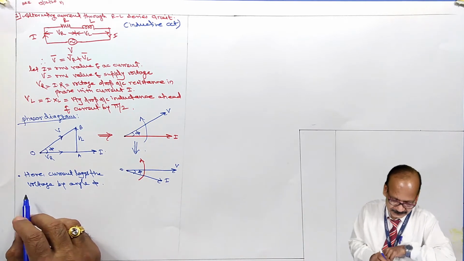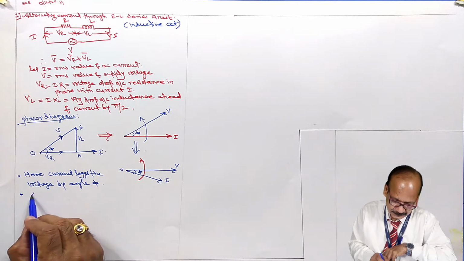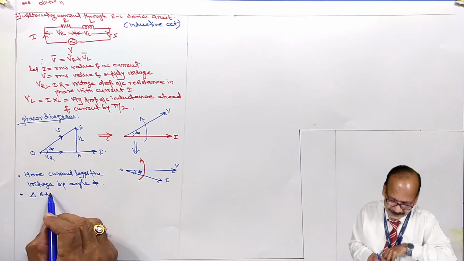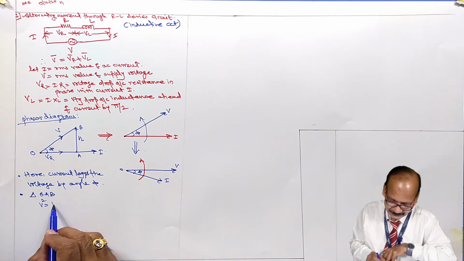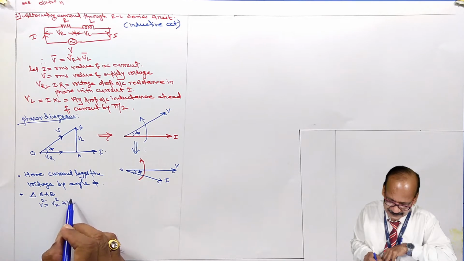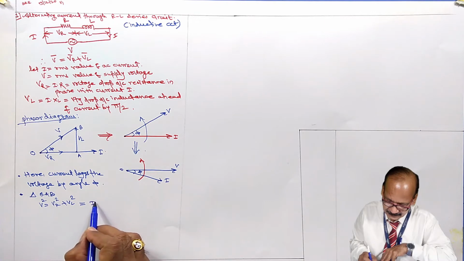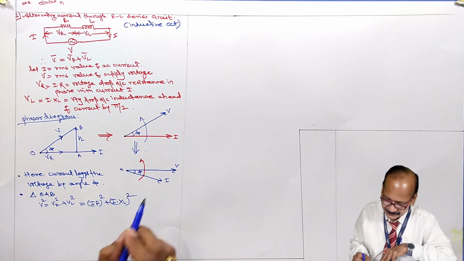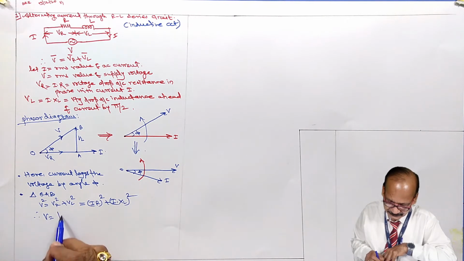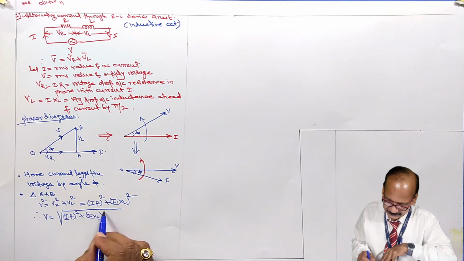Now using the triangle OAB, V equal to, or V square equal to V_R square plus V_L square. This is equal to, V_R is nothing but (I into R) square plus (I into X_L) square. Therefore V equals square root of (IR) square plus (IX_L) square.